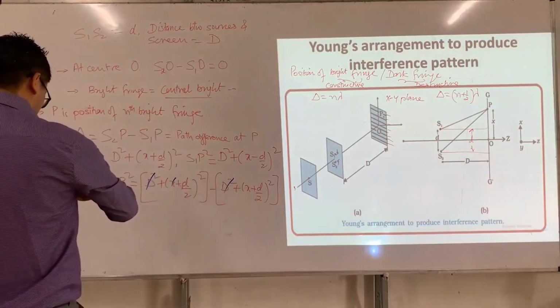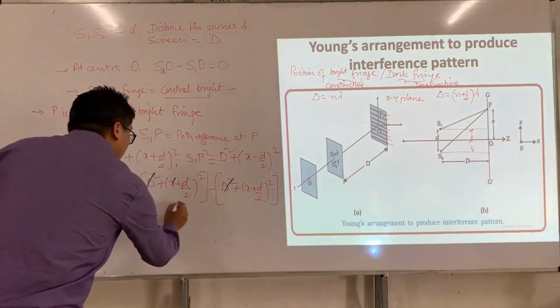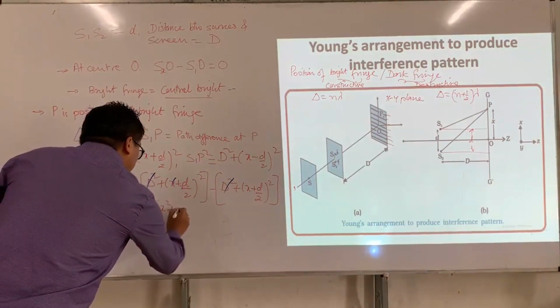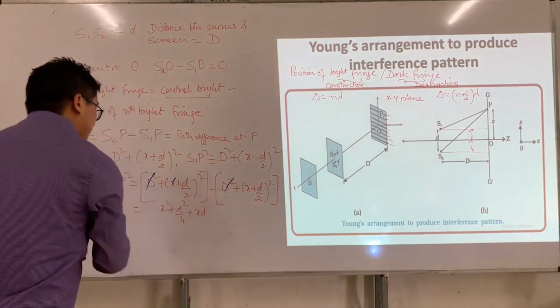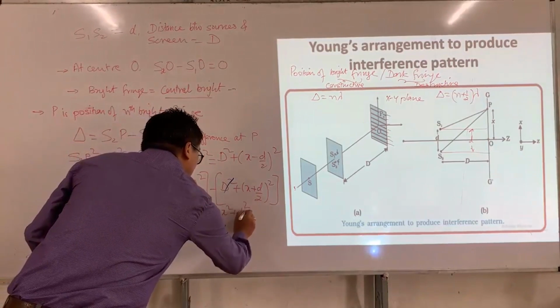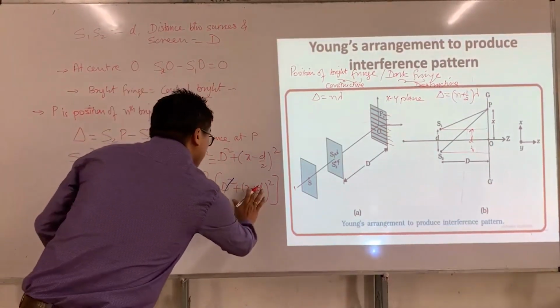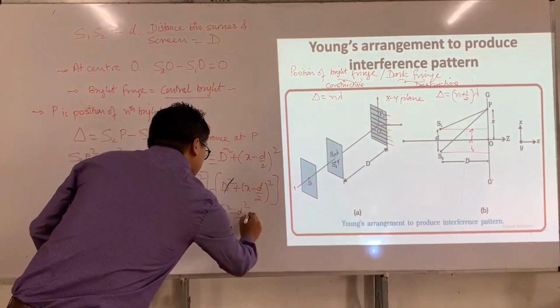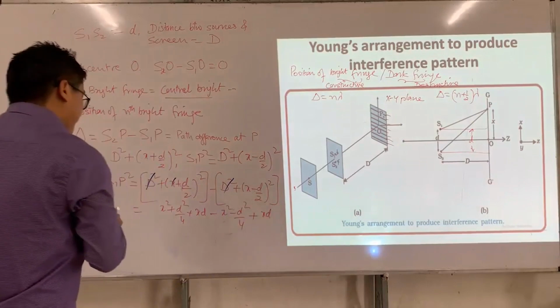Let's simplify: x square plus d square by 4 plus xd, minus x square plus d square by 4 minus xd. Minus, minus, minus is plus xd.